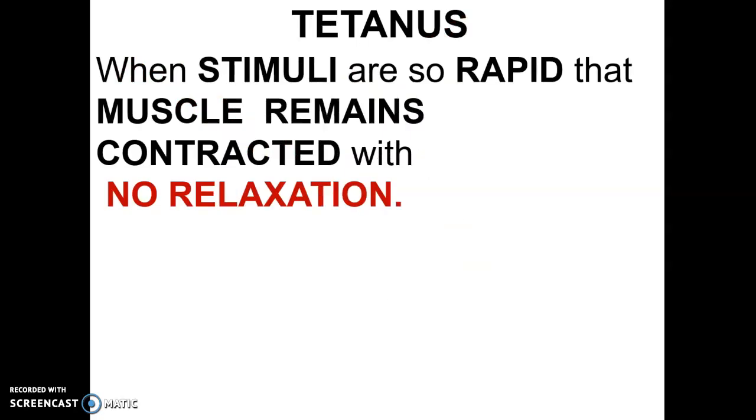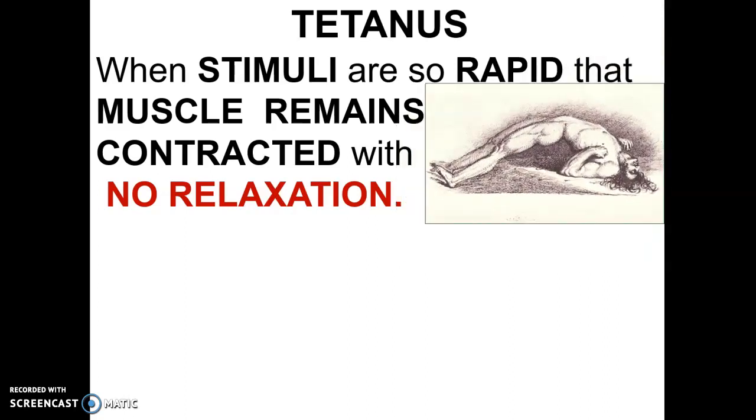All right, tetanus. When you get Clostridium tetani, the bacteria that causes tetanus, the muscles remain contracted with no relaxation. The stimuli are so rapid, or the acetylcholinesterase is not there to break down the acetylcholine, and you stay flexed until, of course, the ATP runs out, and then you stop. In the picture here, the back muscles usually tighten up first, so you get that arching of the back.